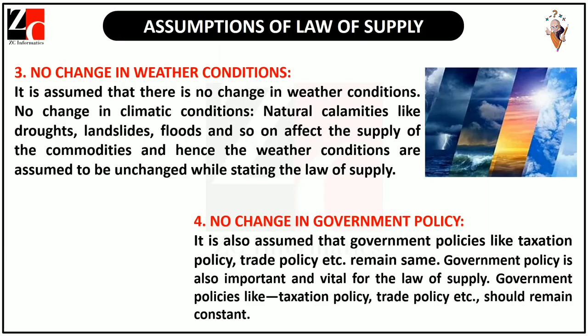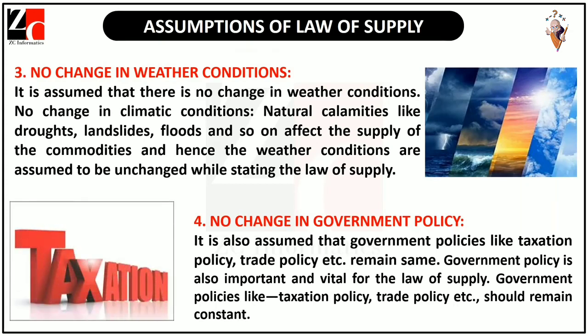Increased tax rates decrease the profit margin of the sellers, therefore supply may decrease even at a higher price. Similarly, decreased taxes increase the profit margin of seller, therefore supply may increase at a lower price.